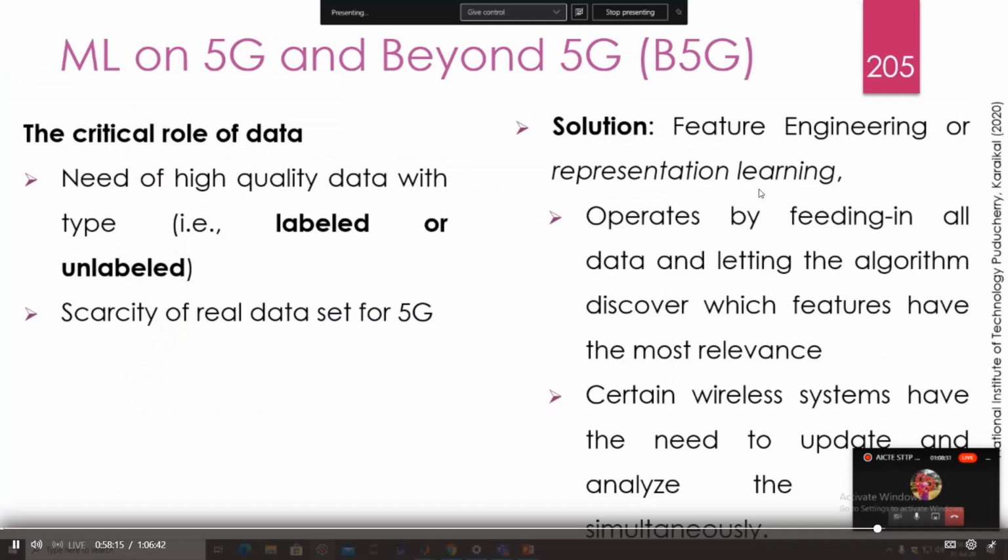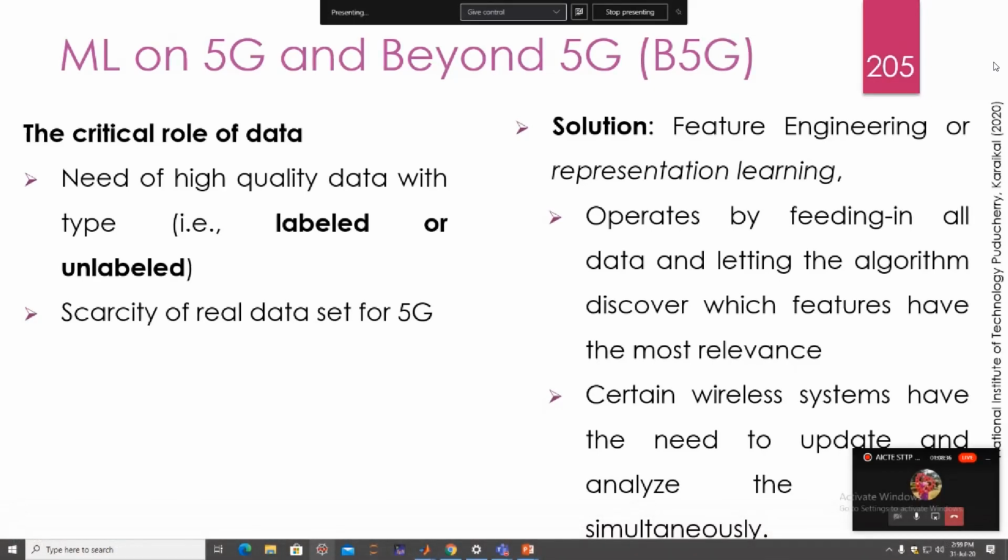So real labeled high quality data is not present for 5G. So this is a critical role. The solution for this is feature engineering and representation learning, which operates by feeding in all the data and letting the algorithm discover which features have the most relevance. So all the data should be fed into the algorithm and we have to discover which features are most relevant. Certain wireless systems have the need to update and analyze the data set simultaneously.